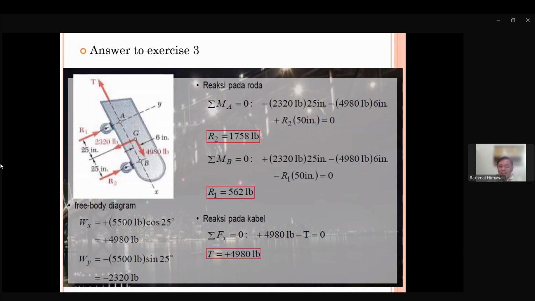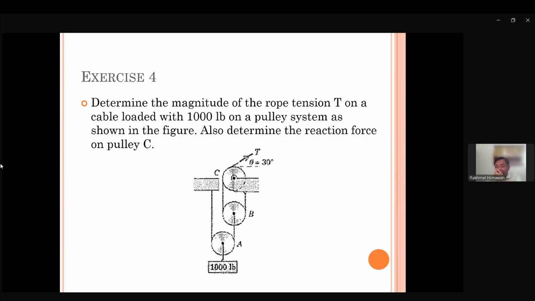Okay. Another challenge now. It's digital. What's this? It's a control system. Yeah, a pulley system.